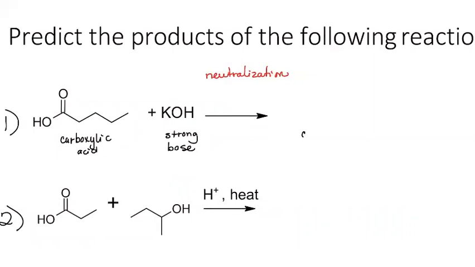We are going to make a carboxylate salt and we're going to make water. And those are always the two products that you will make in the neutralization of a carboxylic acid, okay?